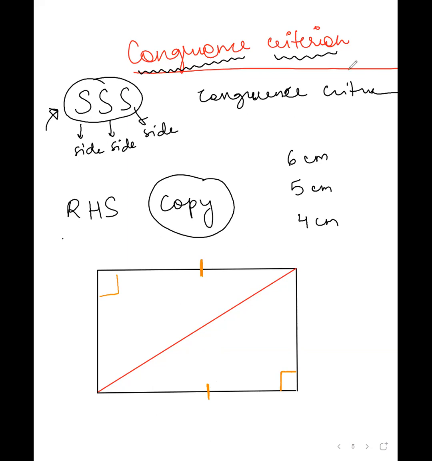One is this triangle, the yellow one. Let's call it triangle ABD. What is the name of the yellow triangle? ABD. Then we have this green triangle. What is the name of this green triangle?